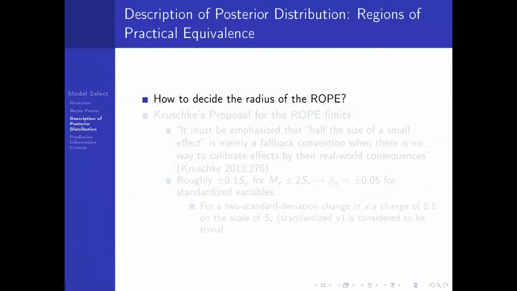Well, given the previous discussion about Cohen's d and thresholds for different effect sizes, the question remains, again, how to decide the radius of the ROPE. Okay?